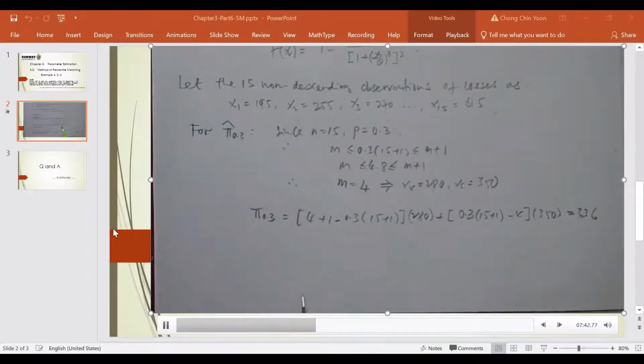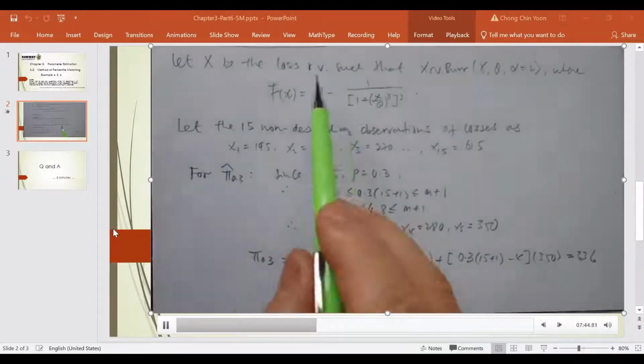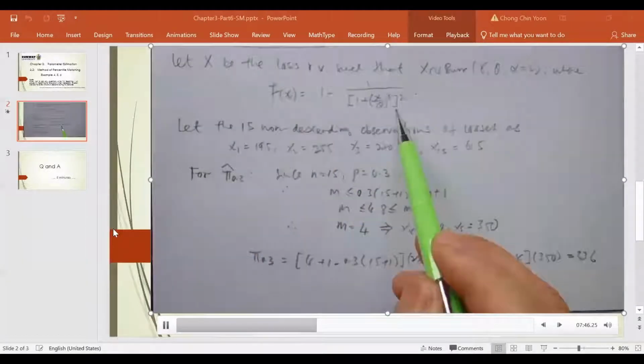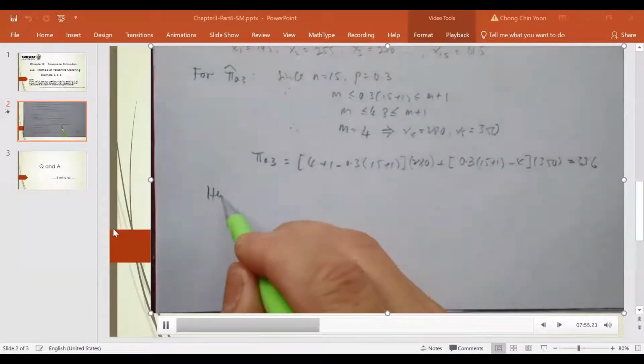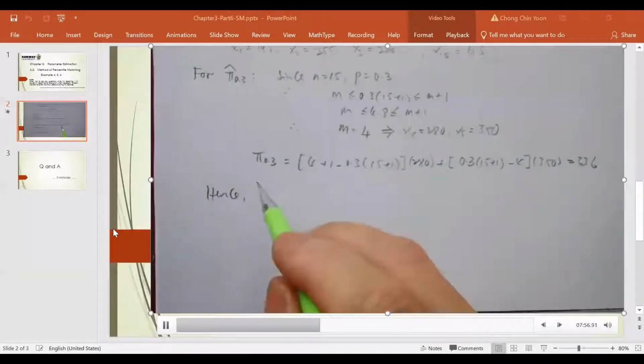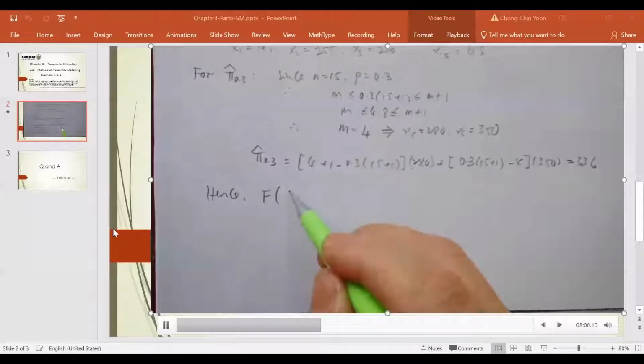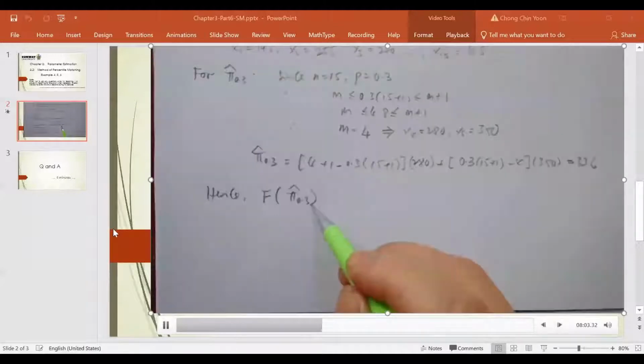So I'm going to use this CDF to get an equation which involves theta and gamma. Hence, the CDF at this estimate of the 30th percentile is equal to 0.3.